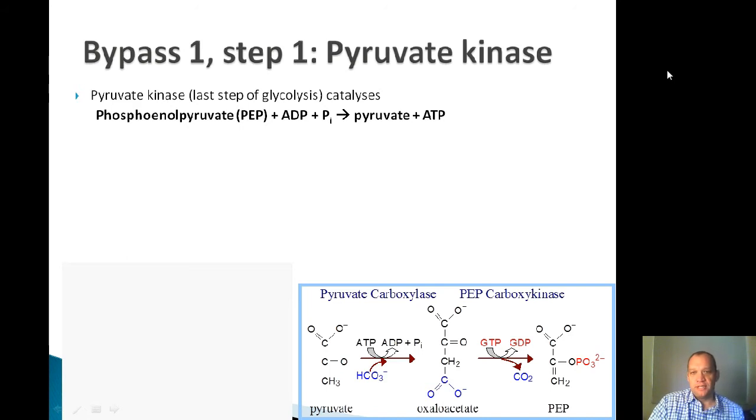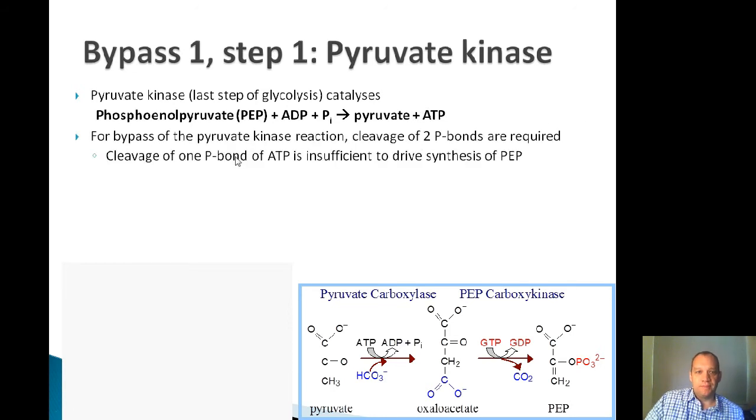The first bypass, the pyruvate kinase bypass: the last step of glycolysis is catalyzed by pyruvate kinase, and it turns phosphoenolpyruvate into pyruvate, and it does a substrate level phosphorylation in the process to produce ATP.